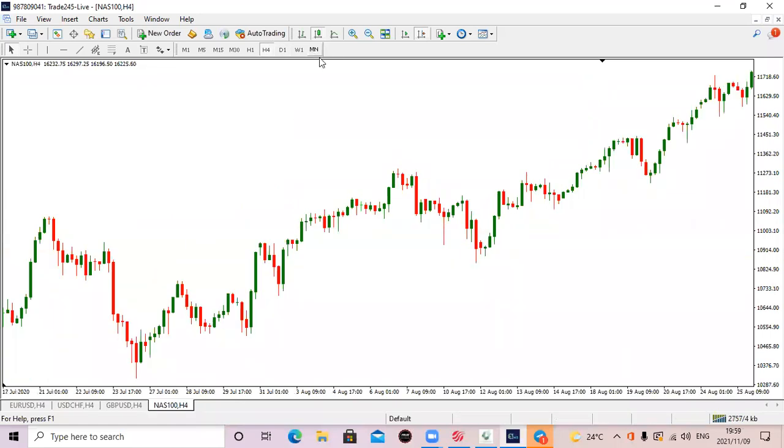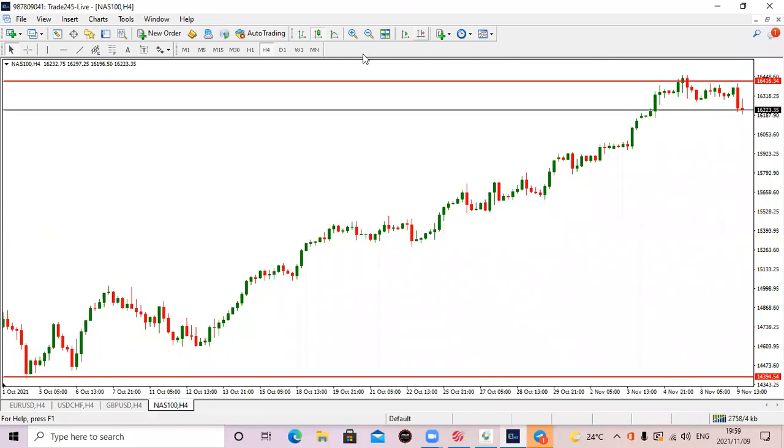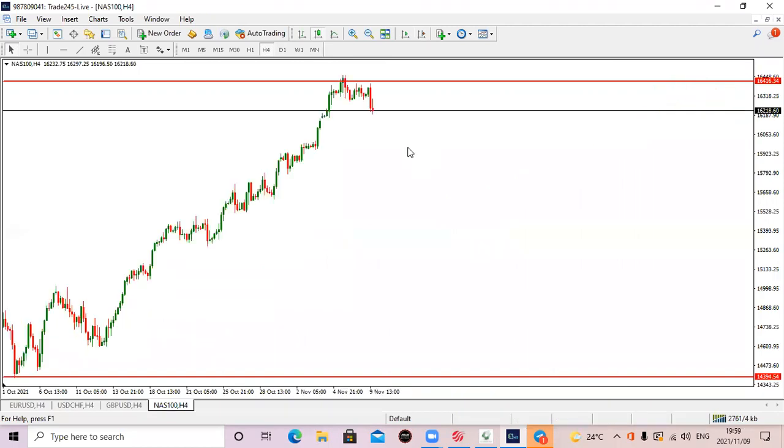When I go to H4, what I mostly identify is the market structure, by marking our higher highs and higher lows on the uptrend, obviously, and then lower lows and lower highs on a downtrend. We all understand the market structure.